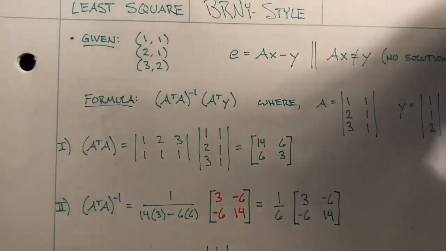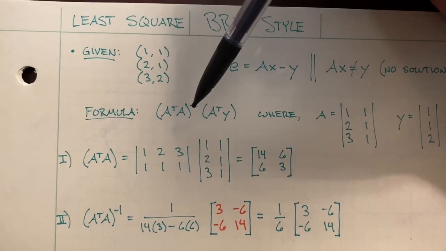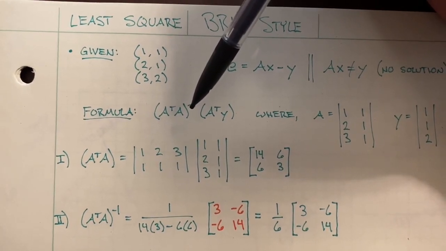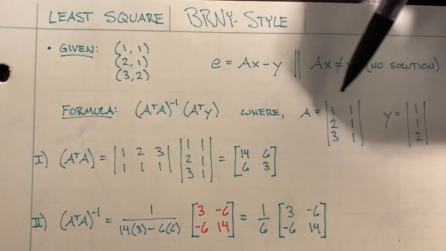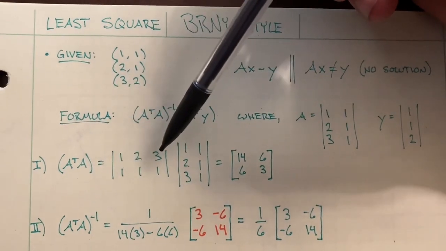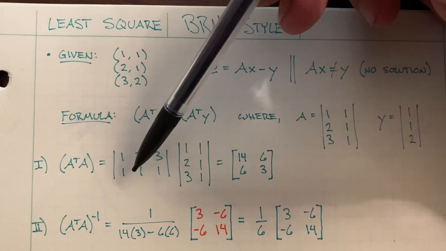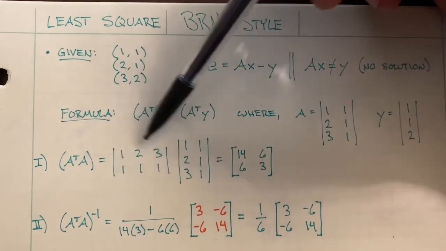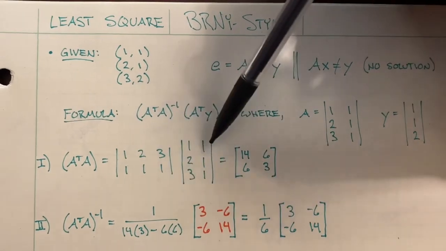Let's break it down. Step 1. Forget about this minus 1 for a second. Let's just solve A transpose A. So A transpose is this first matrix here, where we take the first column of A and make it the first row. Then we take the second column of A and make it the second row. So this is the transpose of A. This matrix here is just A, our original matrix.